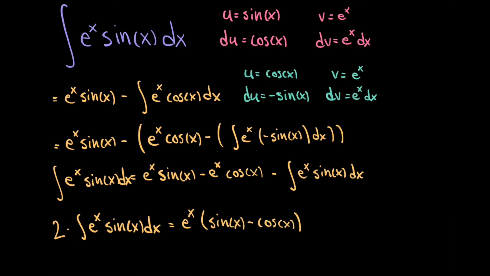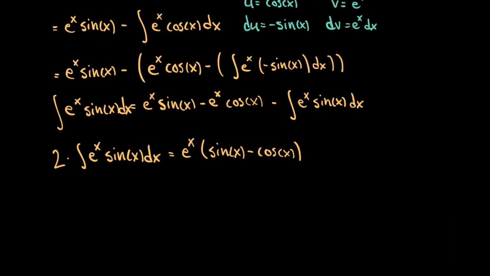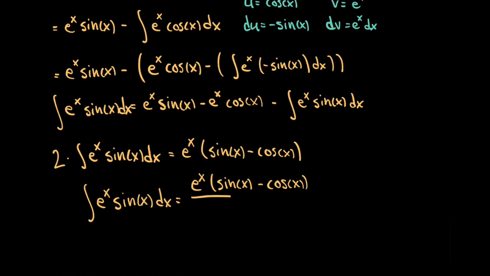And all that's left now is just to divide both sides by 2 to give us our final answer. The integral of e to the x sine x is equal to e to the x times sine x minus cosine x, all over 2.